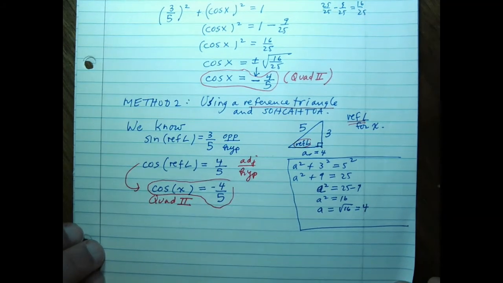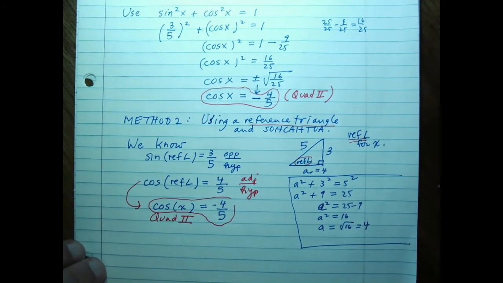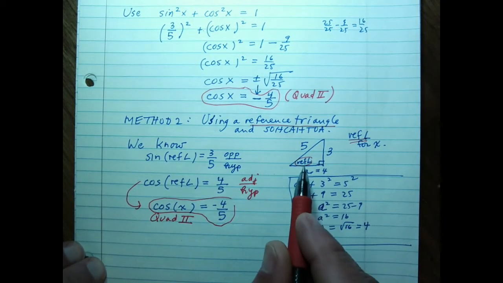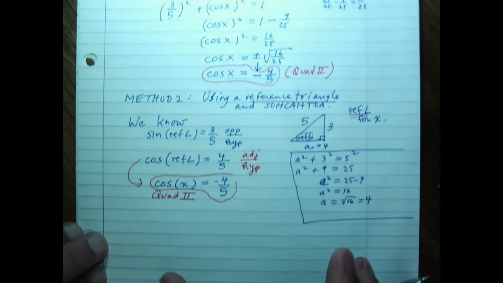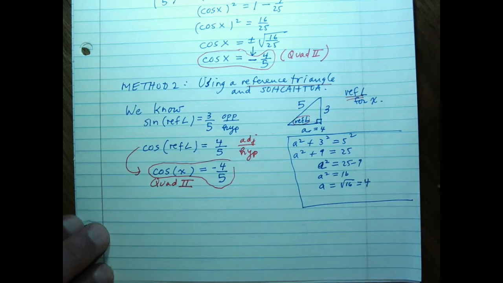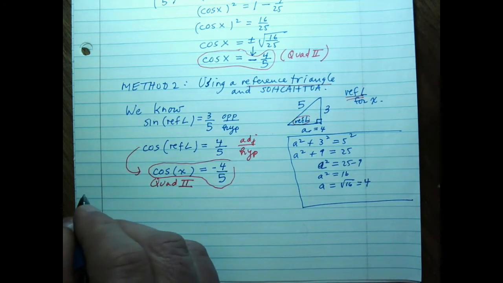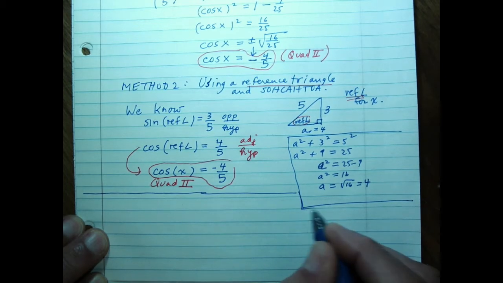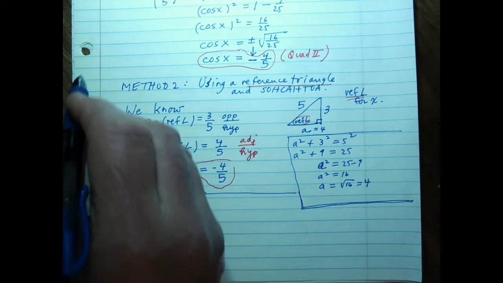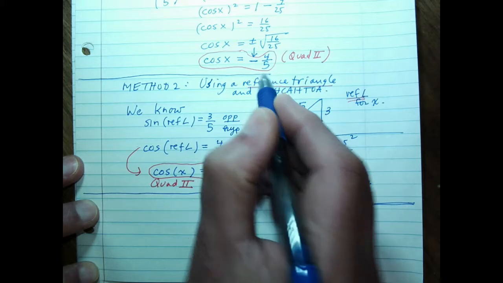We just have to realize the values we get will be positive from the reference angle, and we have to decide whether to use a plus or minus of certain values when we're trying to find actual sines and cosines. All right, so that was the second method for finding cosine of x. I won't force you to use one or the other. You can choose.